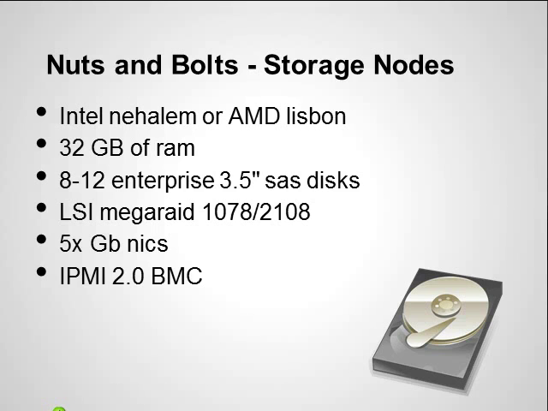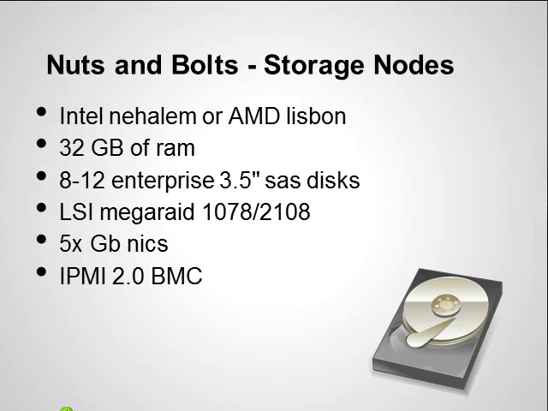Right now we're using LSI MegaRAID controllers, and we have a whole bunch of network interfaces. So we're running 5 gigabit links, 2 of them bonded for the front end, which is the RADOS network, and 2 of them bonded for the back end network, which is for the cluster remapping and recovery.